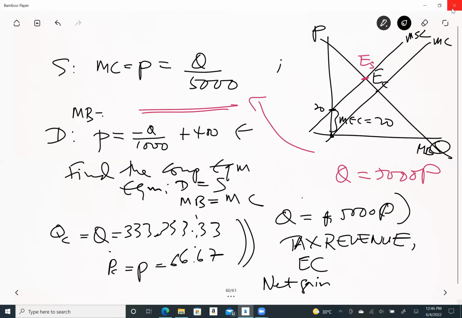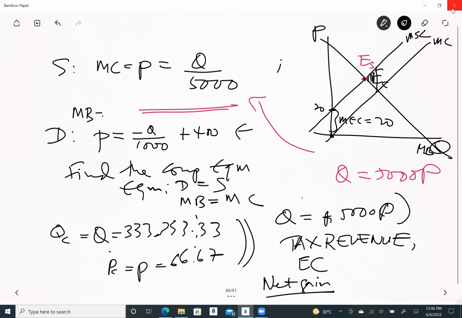The net gain is that area. So given the lines are straight, you can compute the value. So you can find the net gain. Net gain is that area. So these are additional things that we can do. So you label the diagram like that. So that is question number 1.